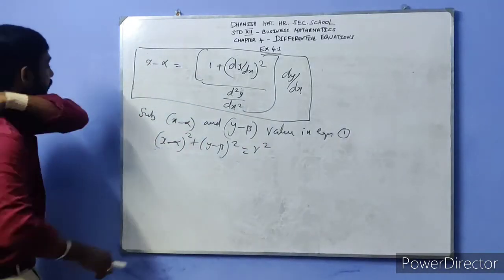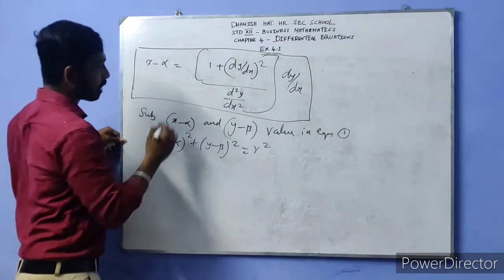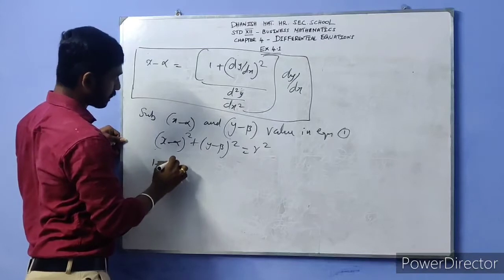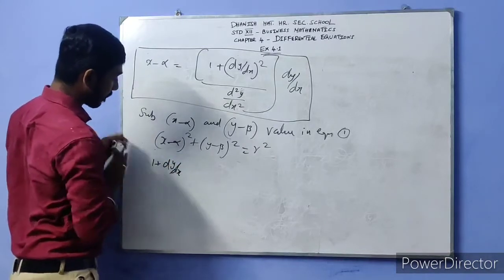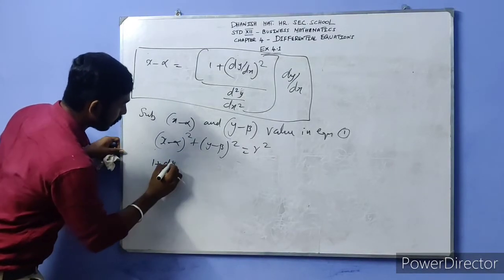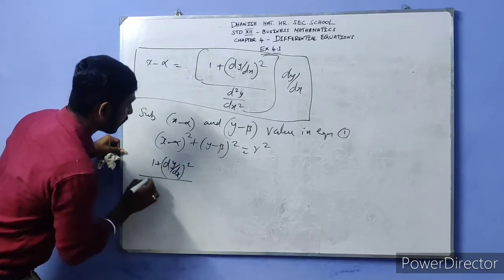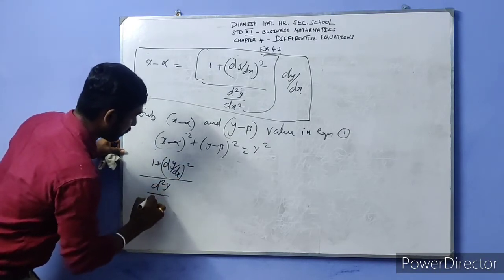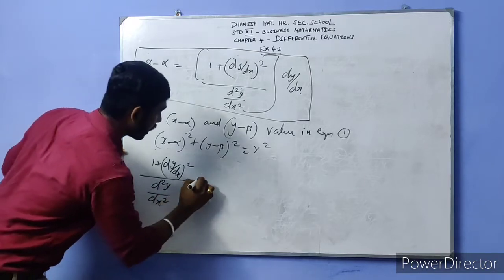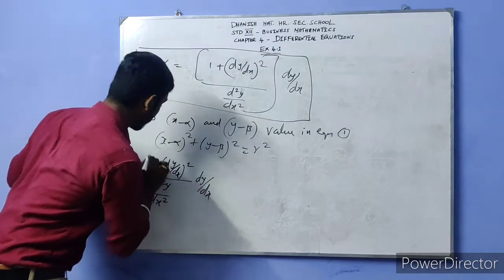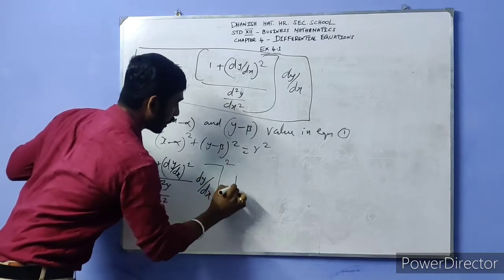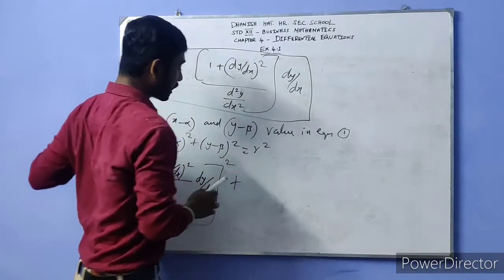Now we substitute: x minus alpha is 1 plus dy by dx the whole square divided by d square y divided by dx square into dy by dx, the whole square, plus y minus beta the whole square.